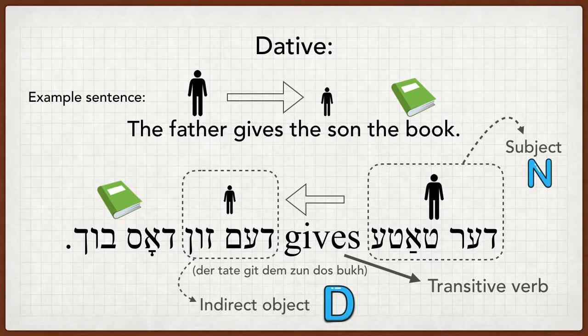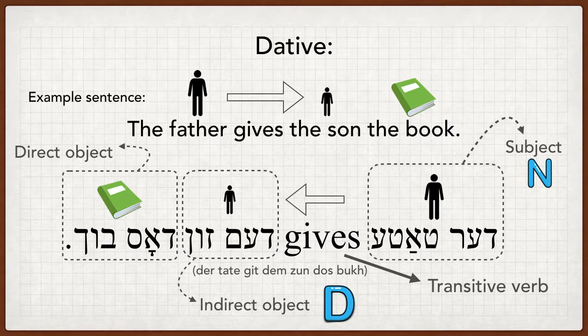The dative on its own already expresses the action of being given to. And das Buch is the direct object because it is the something which is being given to the son. And we already know that the direct object is in the accusative case. And that's it for dative. It takes some time to get used to, but it is really logical if you think about it.